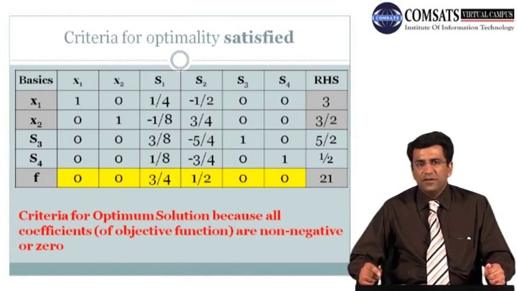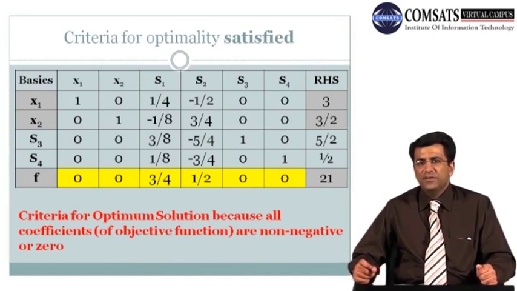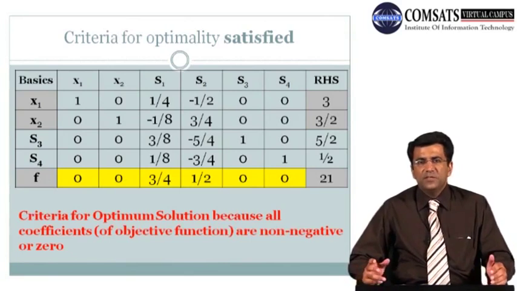So that will be our pivot column, and then we will divide the right hand side column of this table by the pivot column coefficients. We will get another column in the form of ratios, and we will find the minimum ratio, and the corresponding row will be our pivot row, and the pivot number is the number lying at the intersection of the pivot row and pivot column.